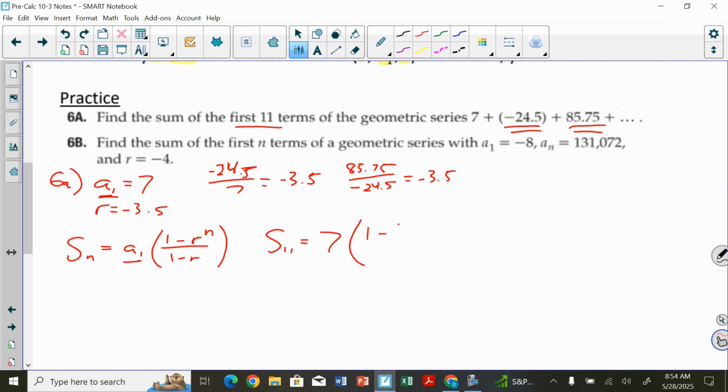Well, r I know is negative 3.5. n is 11 because that's the 11th term that we're trying to find, over 1 minus r. Just be careful here because it's 1 minus a negative 3.5. So we know we're going to have to change that. And then when we figure that out, we can go ahead and do the math. And that comes out to a very, very large number here.